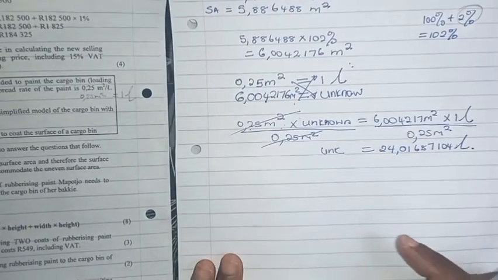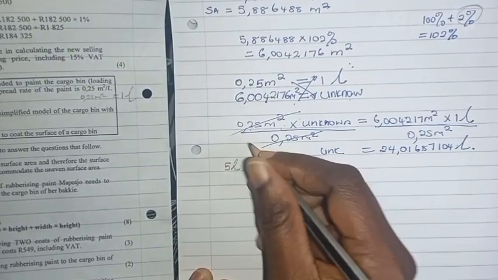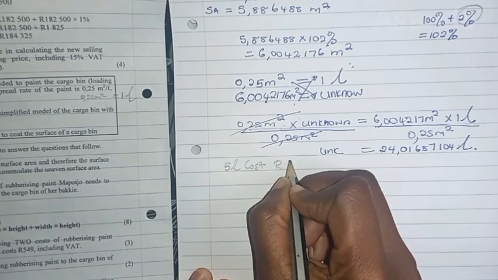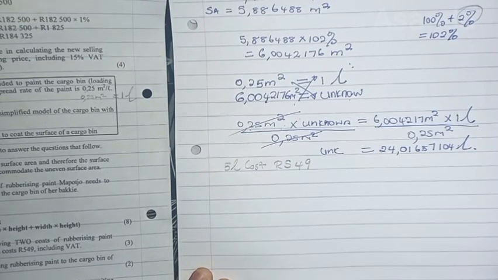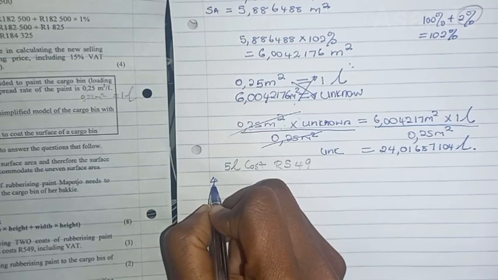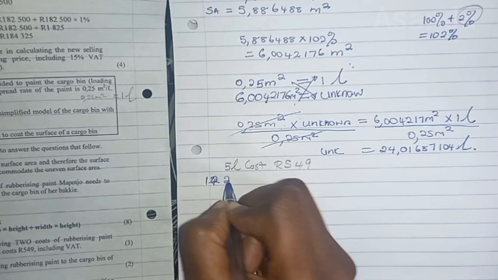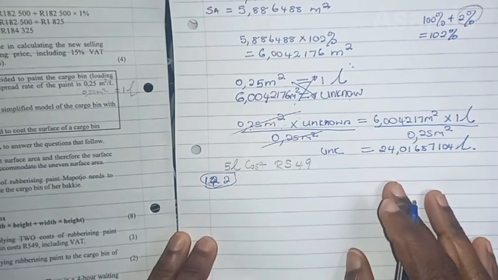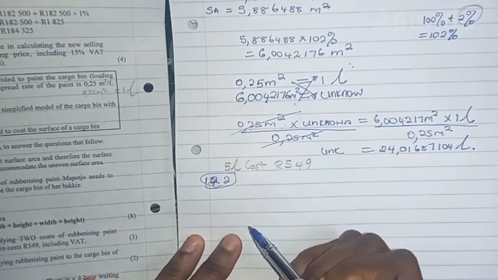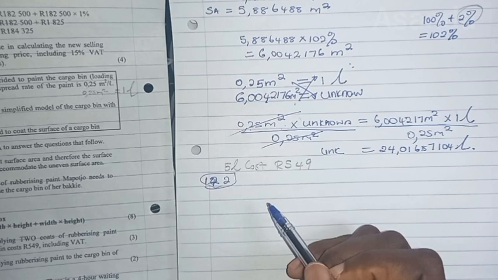Okay, so they're saying a 5-liter tin costs 549 rand. So they're saying the cost of 2 coats of paint.